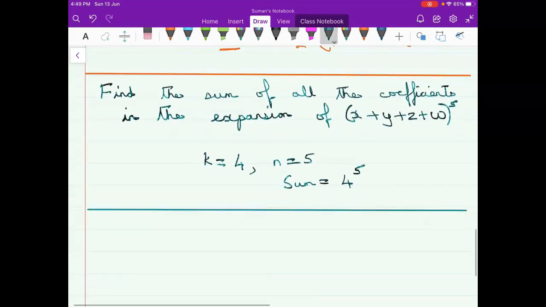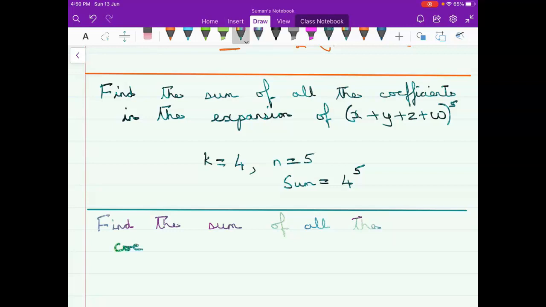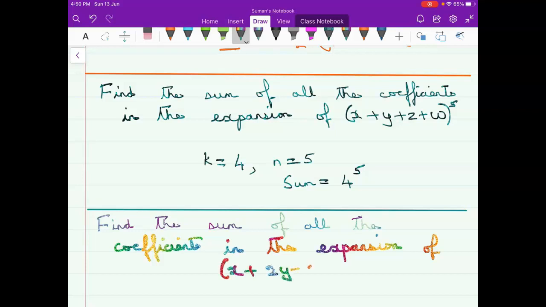Okay, next question. Find the sum of all the coefficients in the expansion of x plus 2y minus 3z raised to 12.